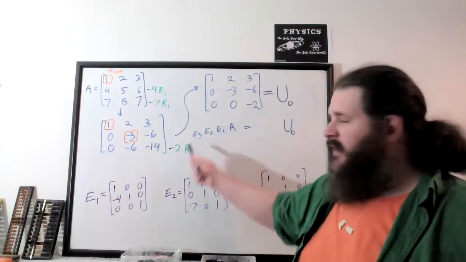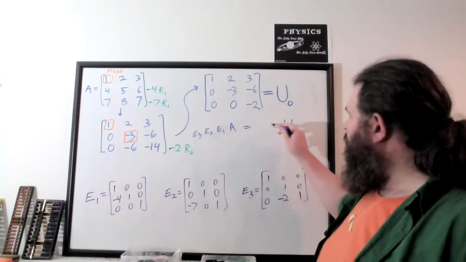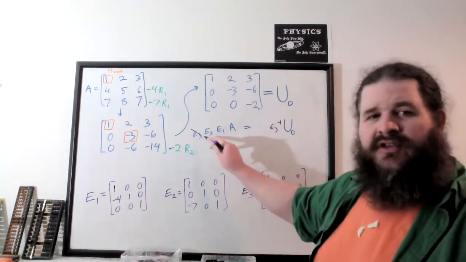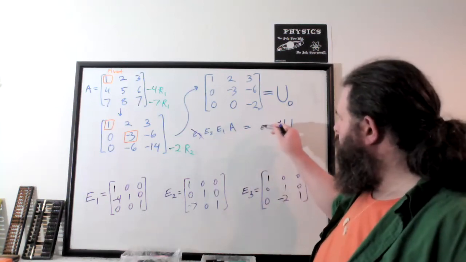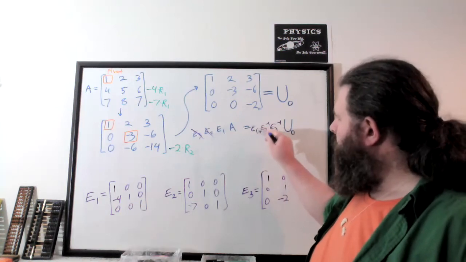So we've got to undo these in reverse order. Left multiply both sides by E3 inverse. Then left multiply both sides by E2 inverse. And then left multiply both sides by E1 inverse.